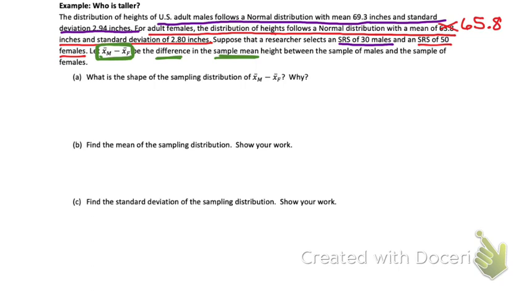SRS of 30, SRS of 50. Central limit theorem. Actually, it would qualify for the central limit theorem as well. But what else does it say? Now, what does it say in the problem? It tells you that adult males follow a normal distribution. That what follows a normal distribution?